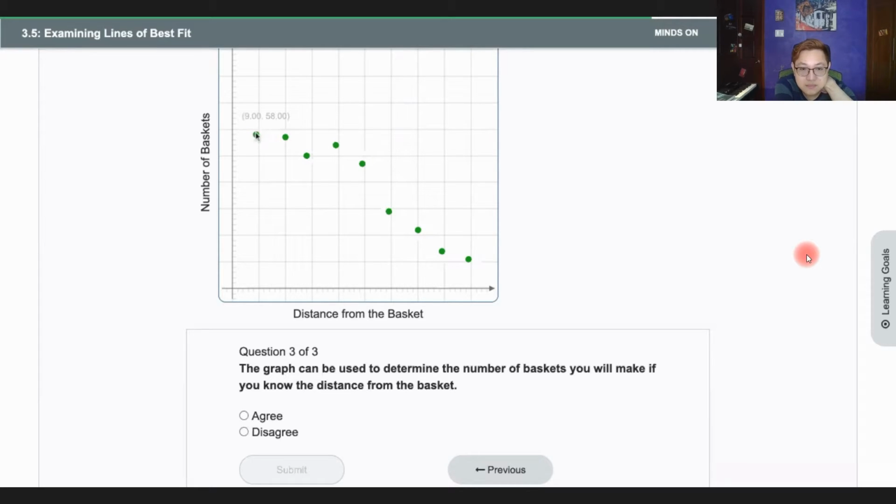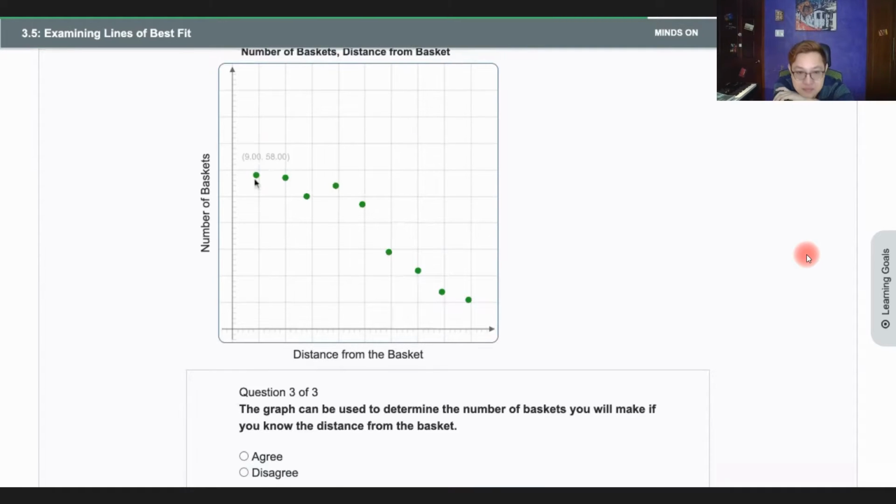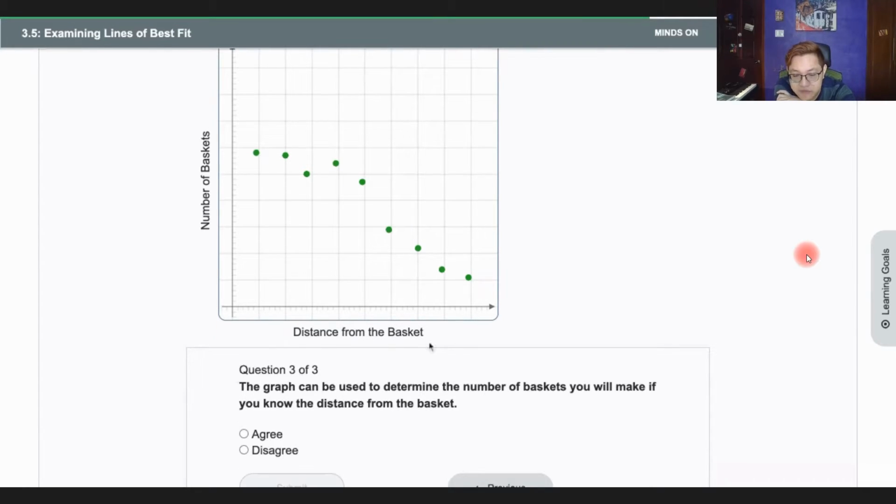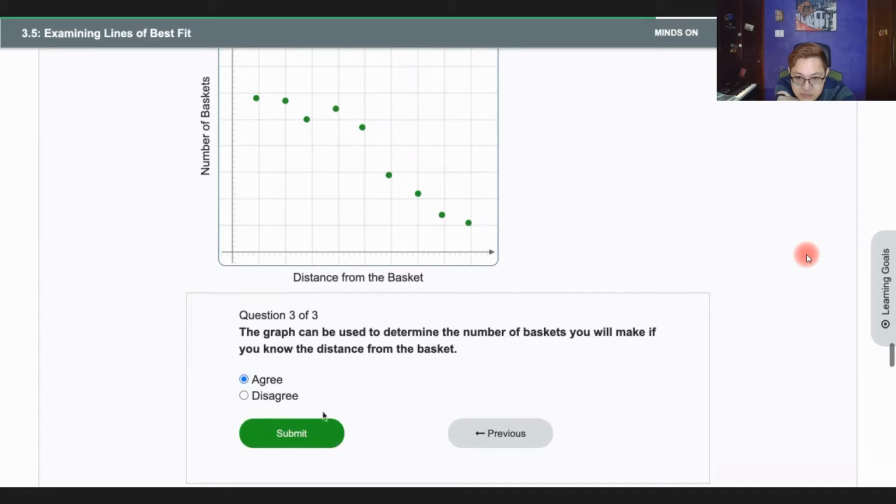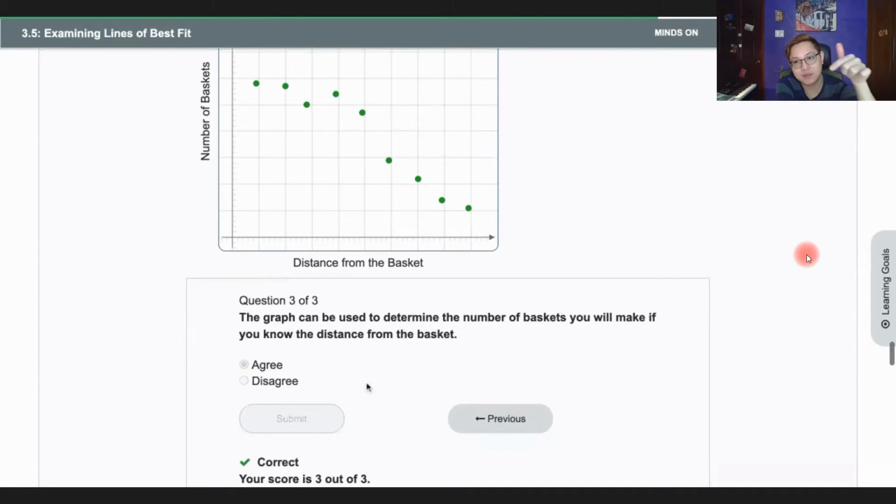So there are more balls going into the basket. When you step further away, it's much harder to hit it. And it follows a relationship, so of course you can determine it, right? Yeah, I agree. It follows a relationship, you can say that.